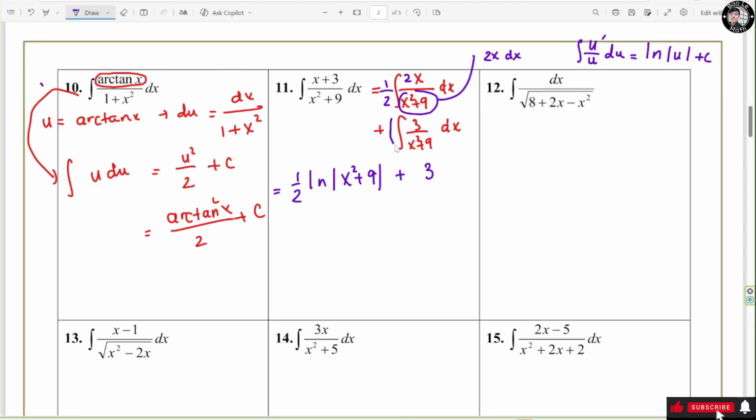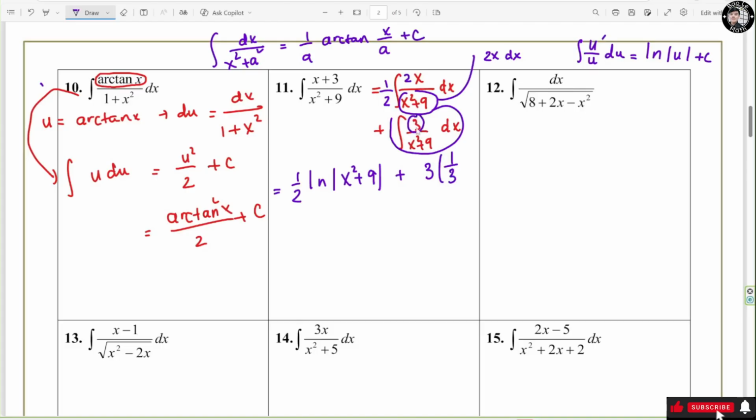Now for this one, remember we have the formula: the antiderivative of ds over s squared plus a squared equals 1 over a arctangent of s over a plus c, right? A in this relation is 3 because 3 squared equals 9, right? So it's going to be 3 times 1 over 3.